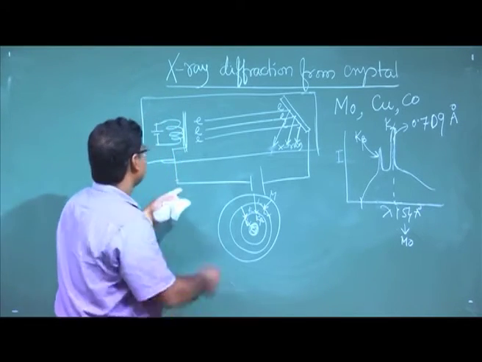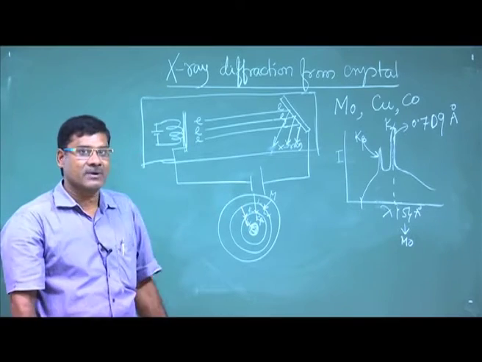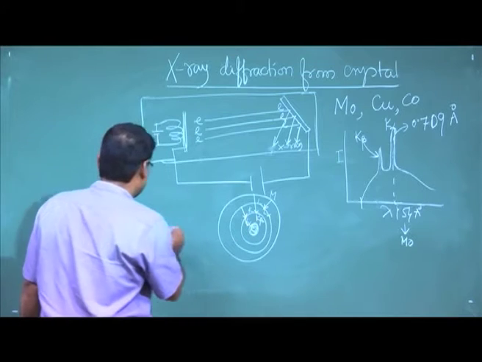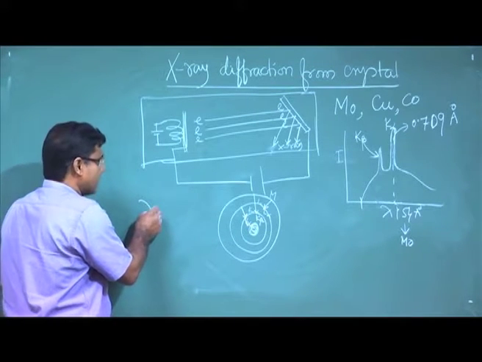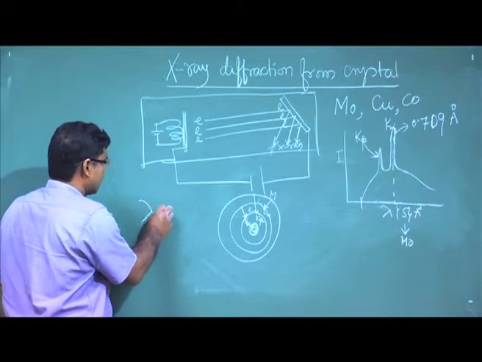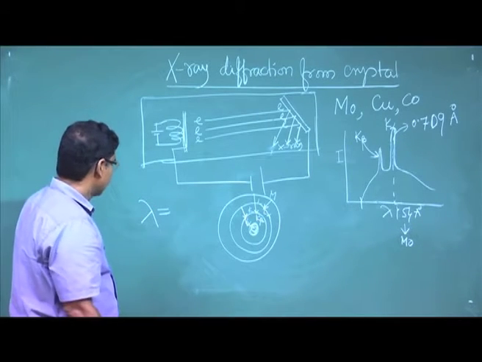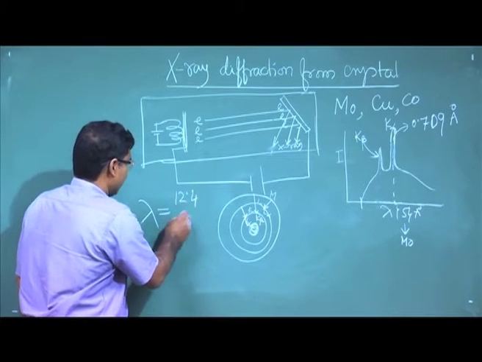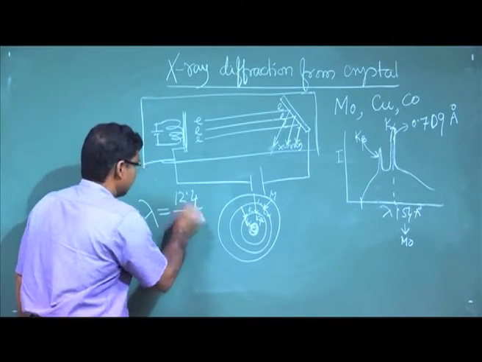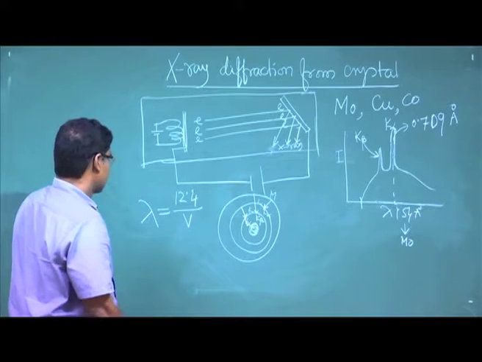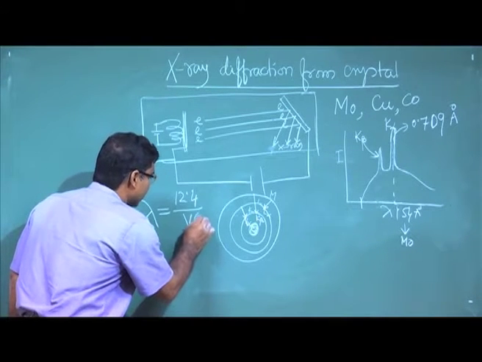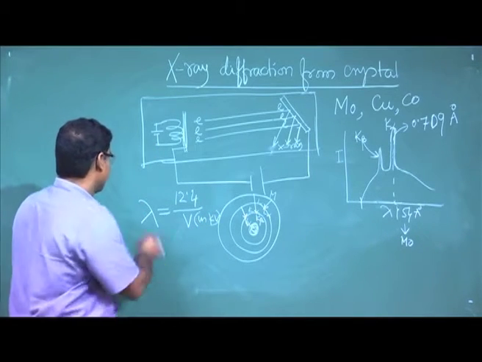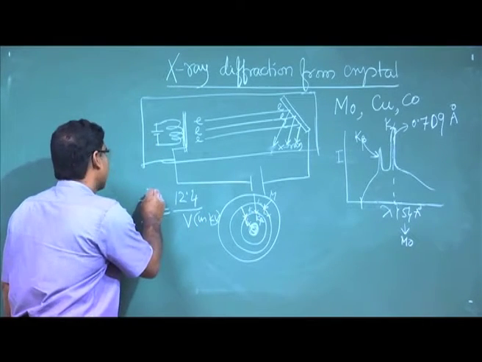Here the voltage is in the kilovolt range, and the relation is probably lambda equal to 12.4 by V. When V is in kilovolt, lambda will be in angstrom.